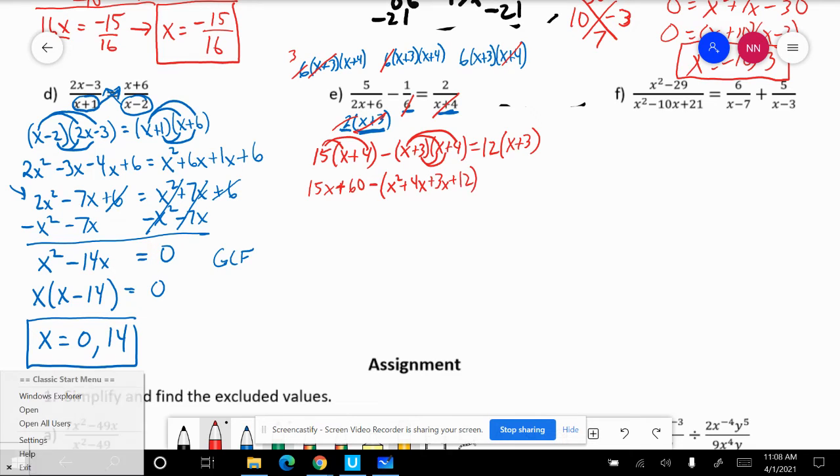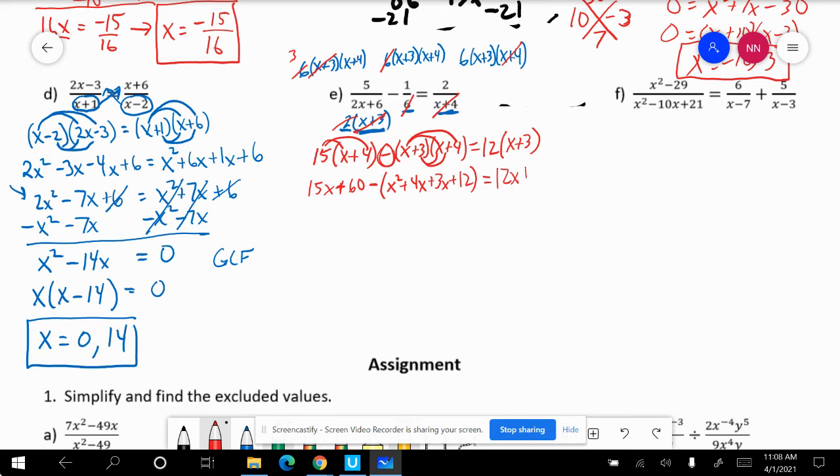Now, what makes this tricky when I'm foiling it is because of the negative out in front of it, I'm going to have to distribute the negative to each of the terms. So I have 15x plus 60 minus x squared plus 7x plus 12 equals 12x plus 36.